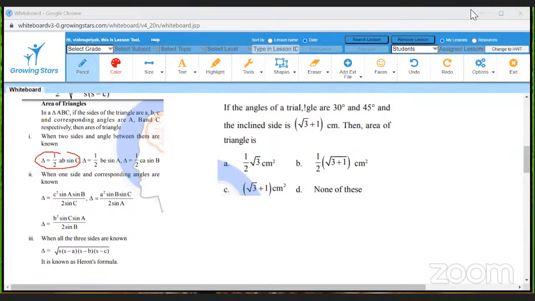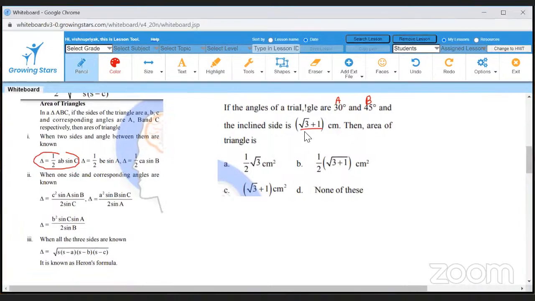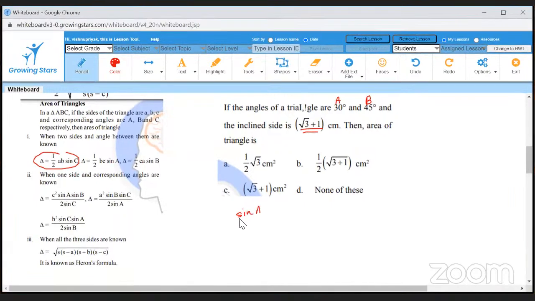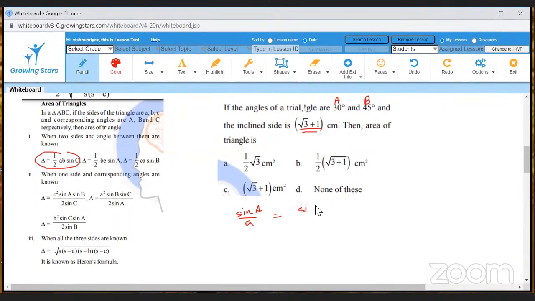So you know the angles of the triangle. As per the question, we will take this as angle A, this is angle B. And the inclined side, one side is given. Area you have to find. So for this, we will use the formula sine A by a equal to sine B by b equal to sine C by c.